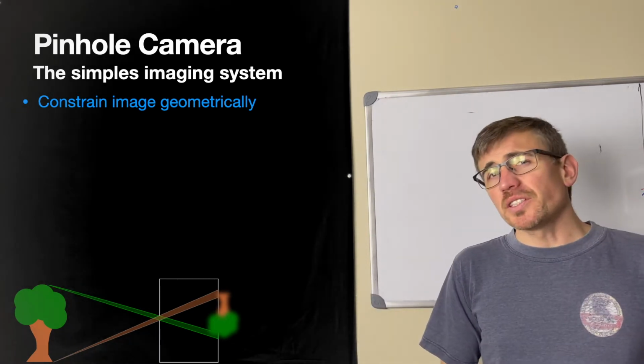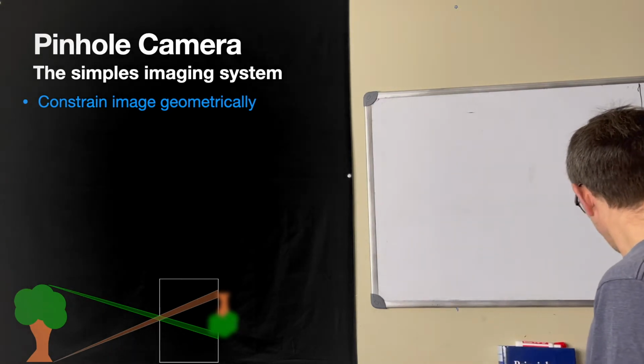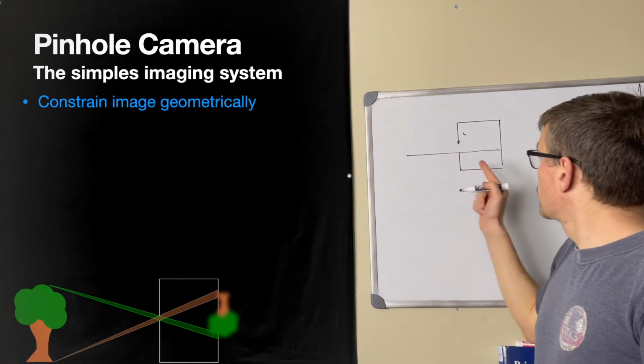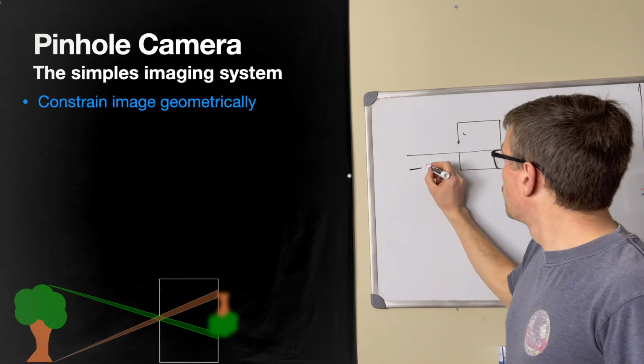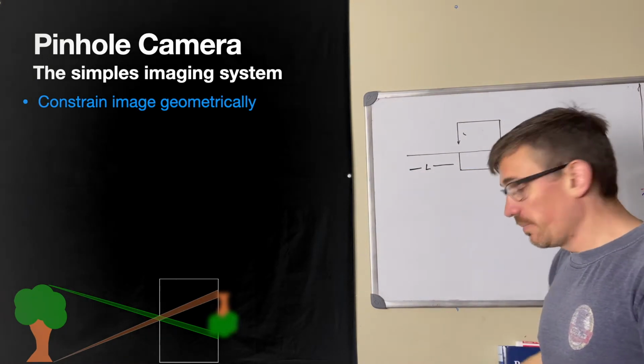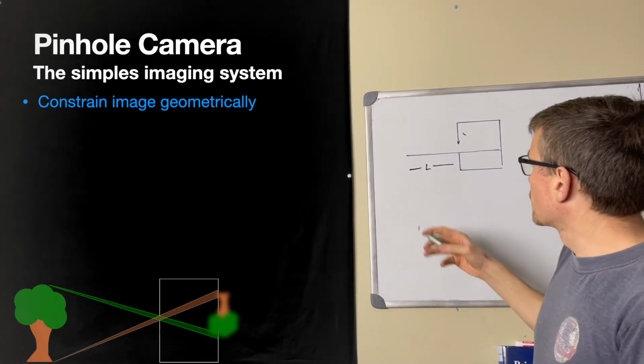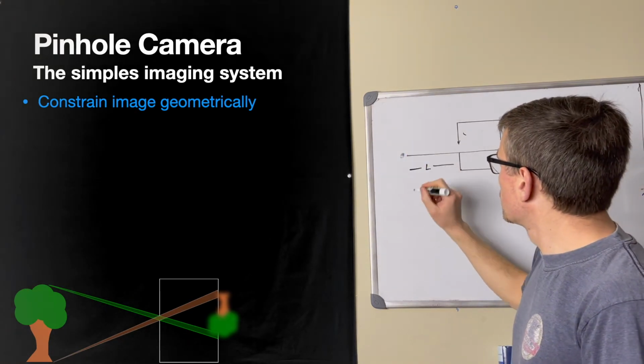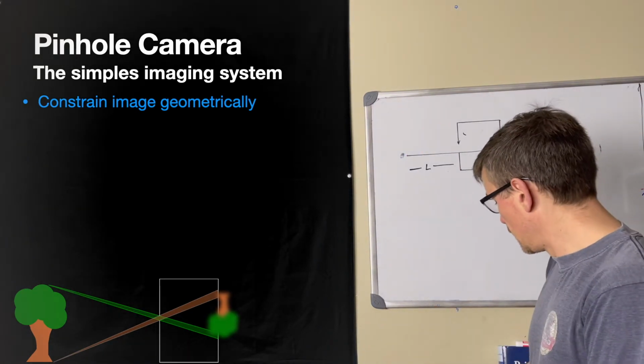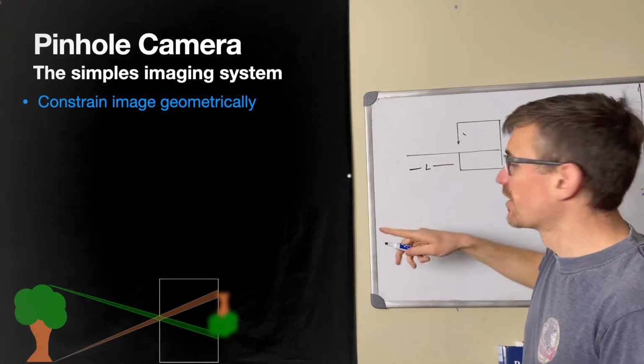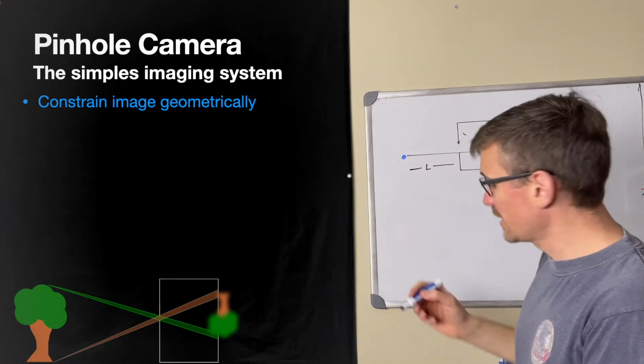All right, so let's understand how this works, right? Let's say we have our pinhole here. Let's say the object is a distance L away. So here's a point on the tree, for example, and it's a distance L away. I'll make it blue because I don't think green is good with the green screen, as I've learned in the past.